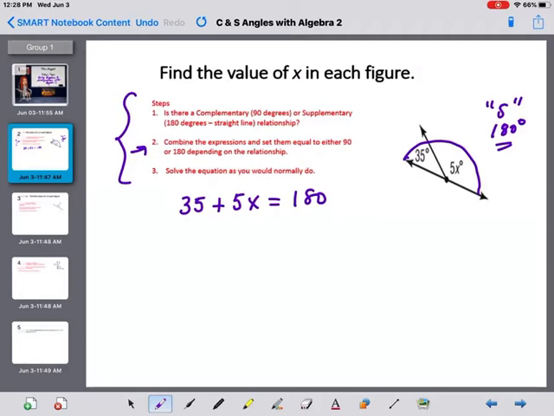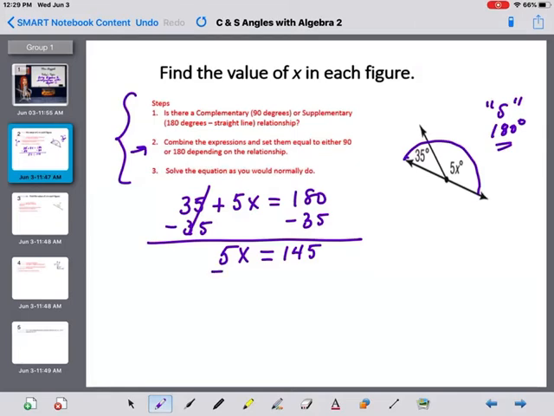So once we set up our equation, we now want to solve. My first step to solve a two-step equation would be to eliminate the 35. So I would have to use my inverse operations and subtract 35 on both sides. I will be left with 5x on the left-hand side and 145 on the right-hand side.